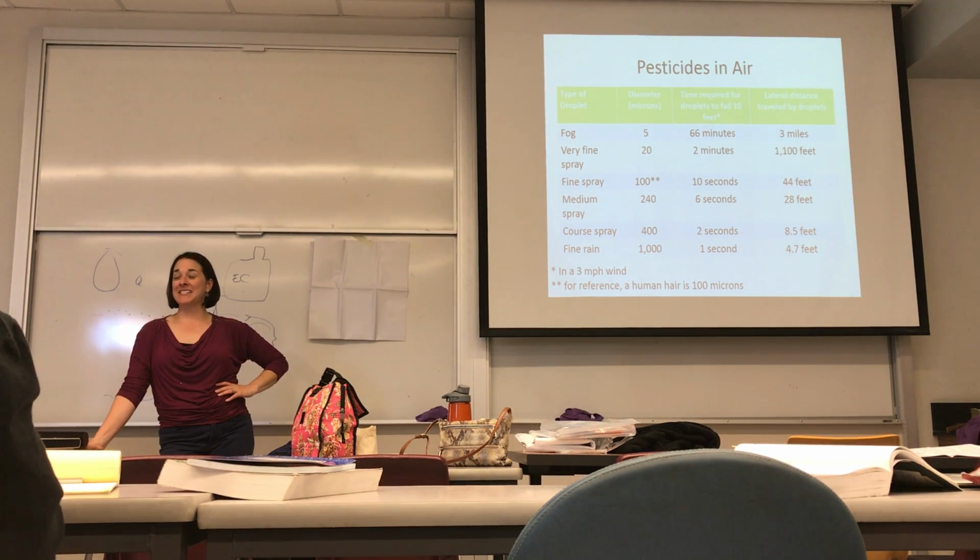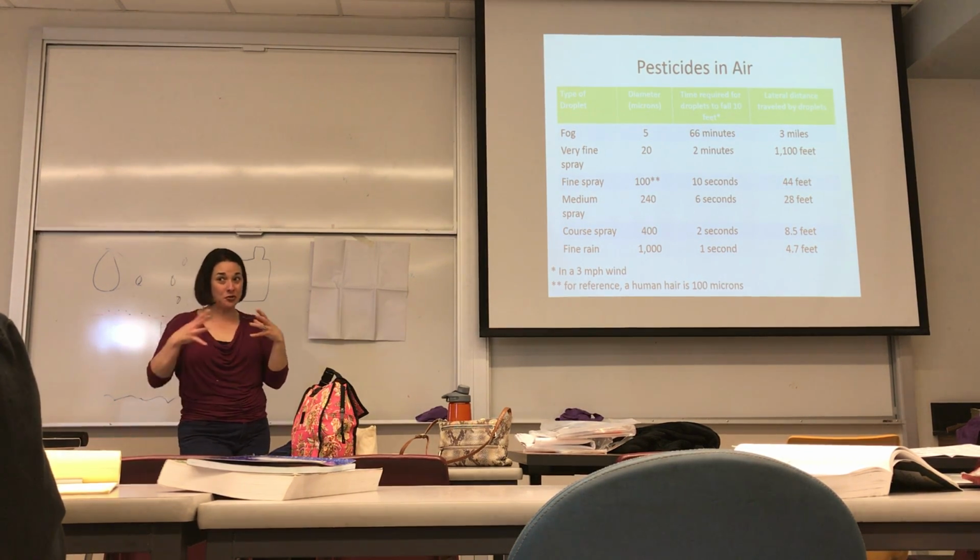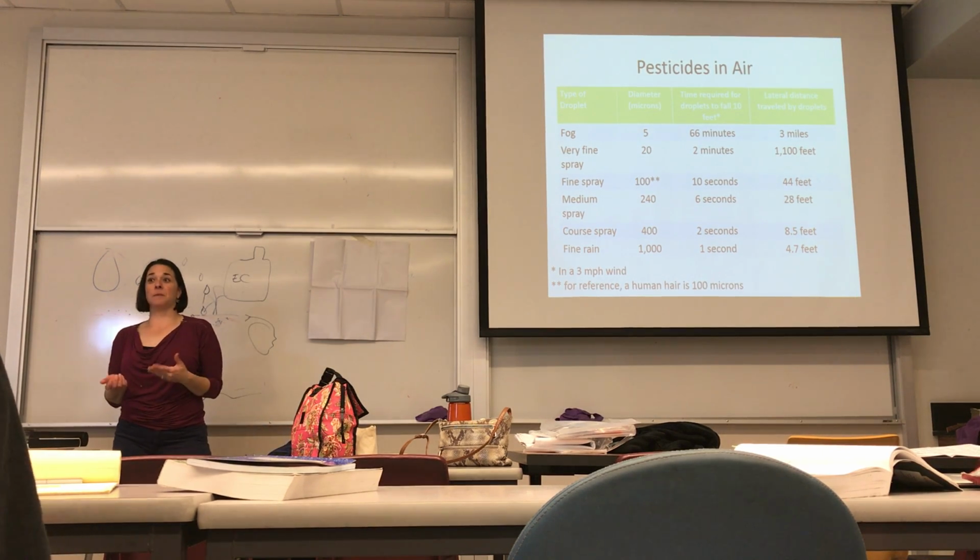So different pesticides, and then the formulation is going to change things. But I'm going to go back to your initial question, right? How much guidance does the applicator get?